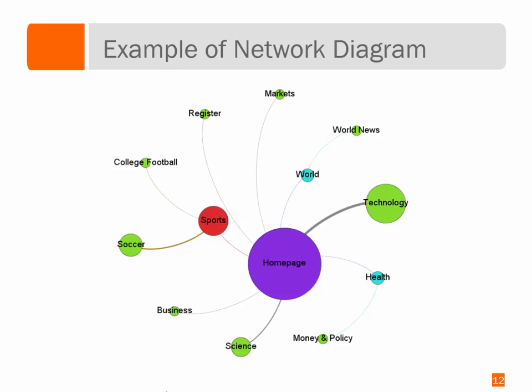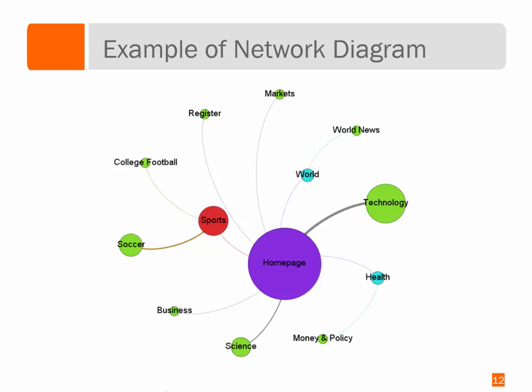We can also get a sense of the differences in the links, the relationships between the objects. We might, for example, look at the relationship between the home page and the technology page.